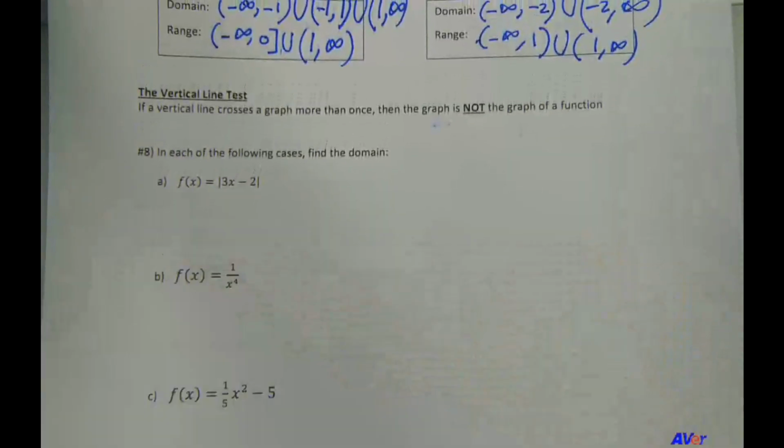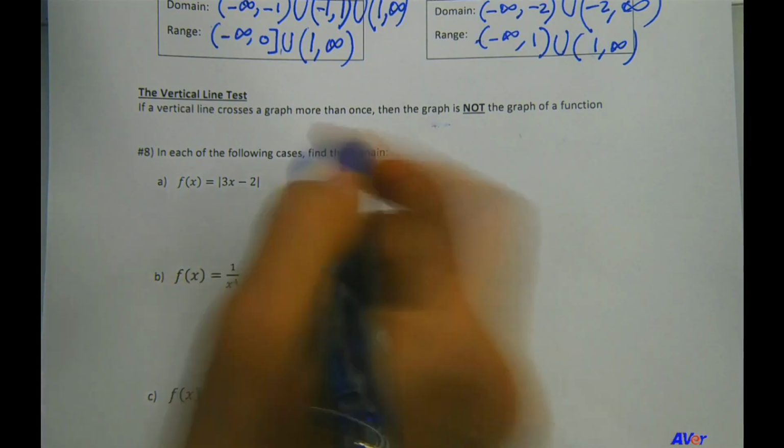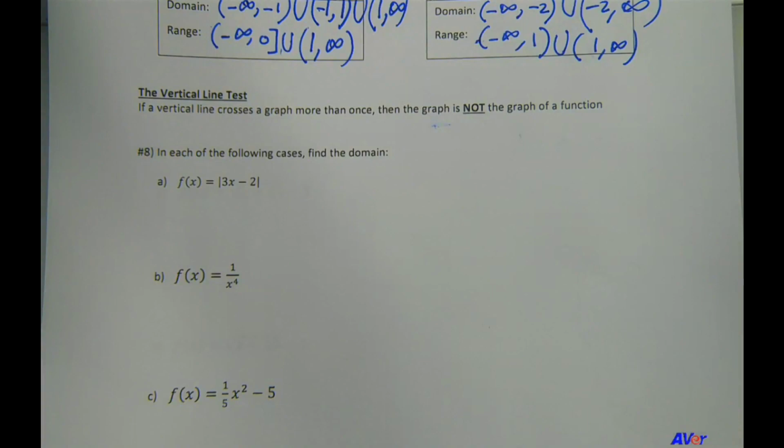So this section in your book talks about the vertical line test, and I thought I mentioned some things about it as well. So let me bring this scratch paper. A vertical line test can quickly tell us whether the graph we have is a graph of a function or not.